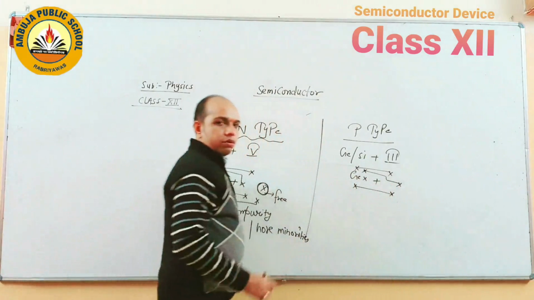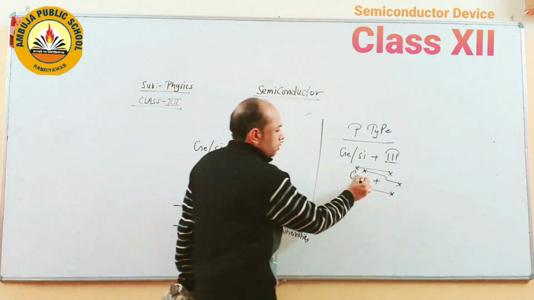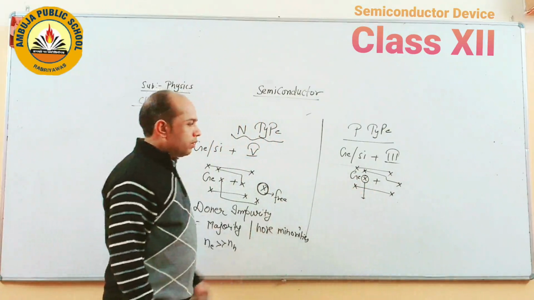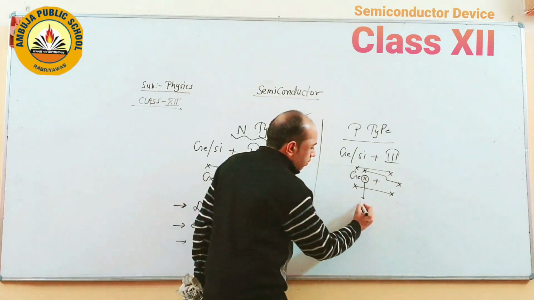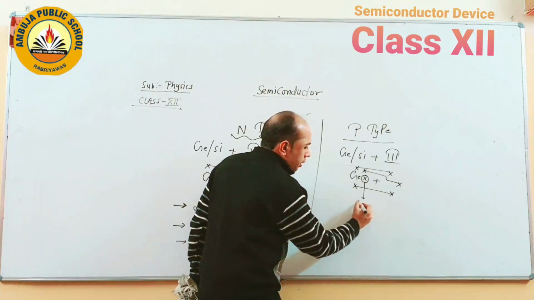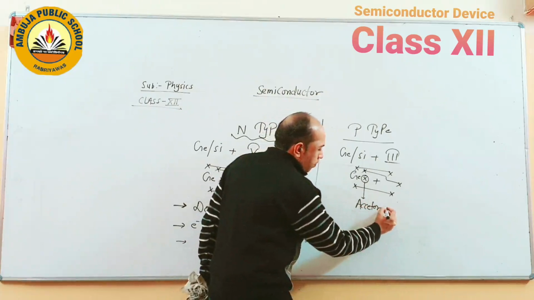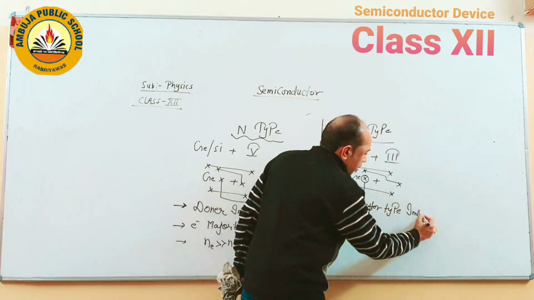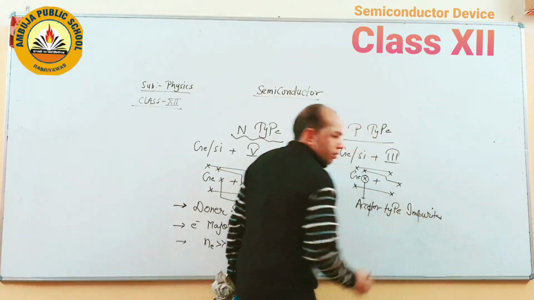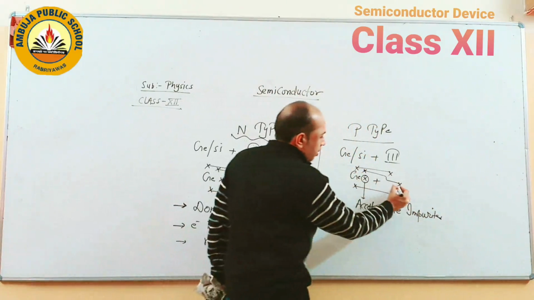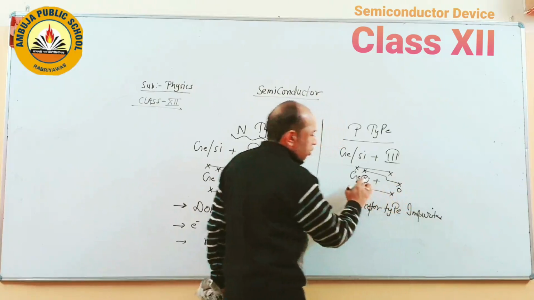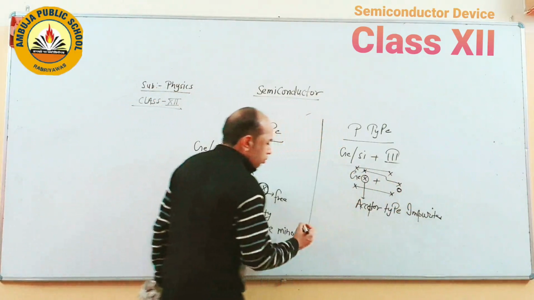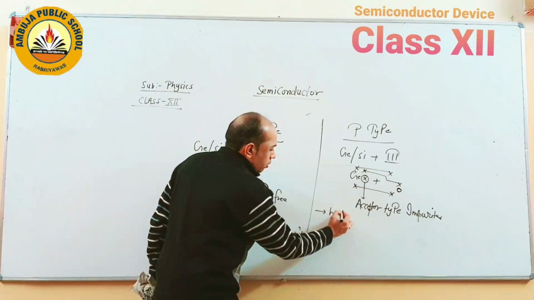Now the fourth one is left without a bond. Here we need one more electron in order to make a covalent bond, and this creates a vacancy. A vacancy is known as a hole.